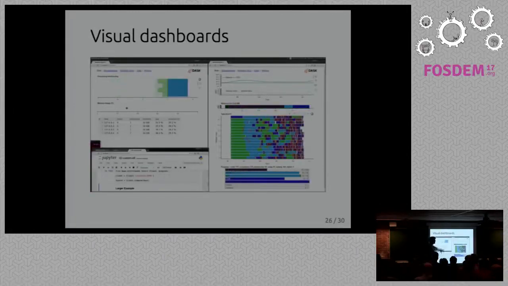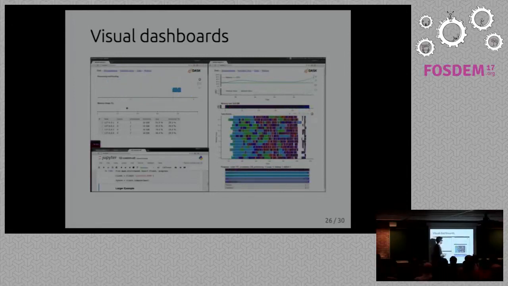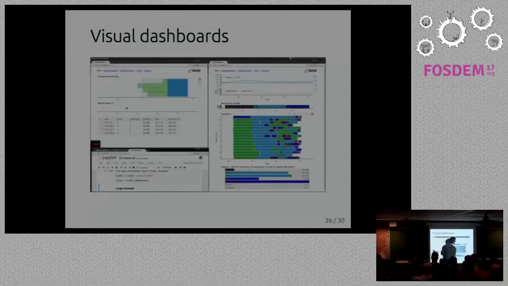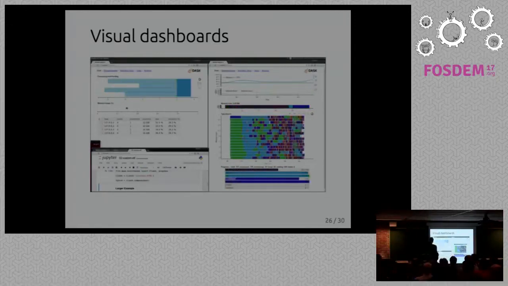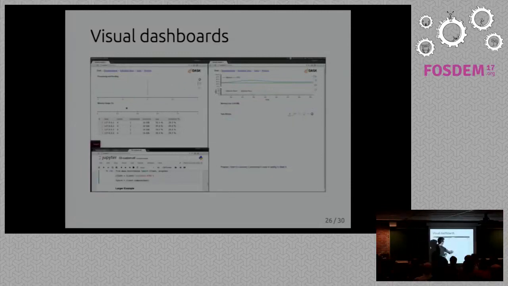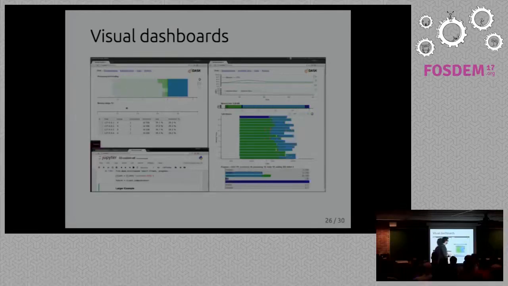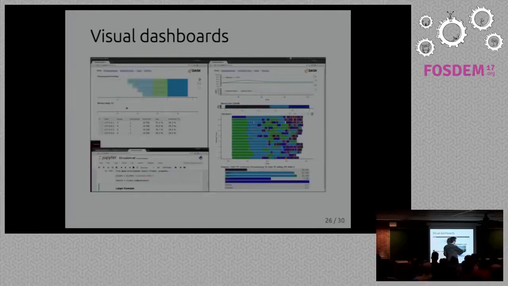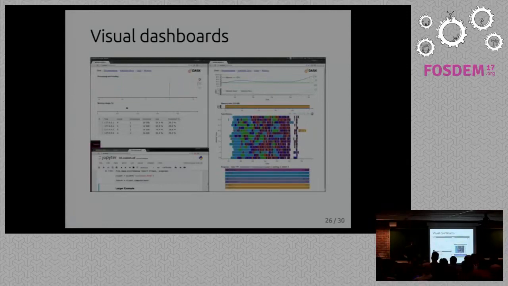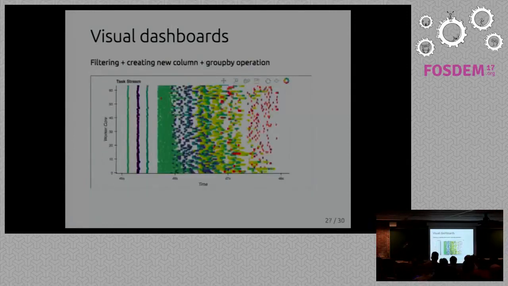It also provides some built-in visual dashboards where you can see, for example, the different tasks that are executed over time, which makes it very easy to understand what is happening, but also to look into problems. For example, if you see a lot of white space here, that means that there are no computations running, so we can diagnose certain problems.